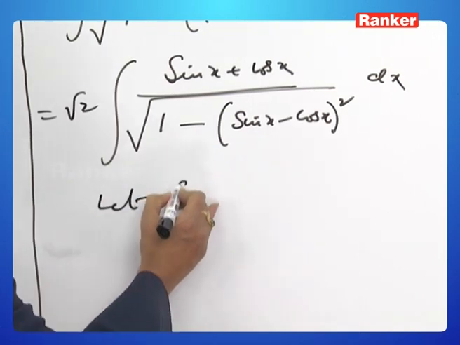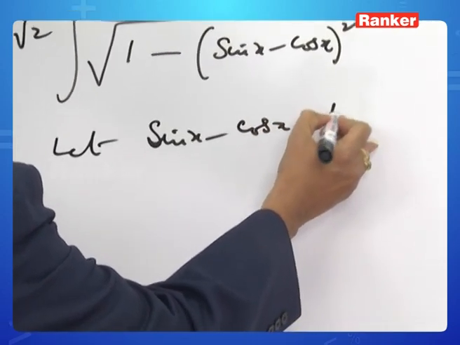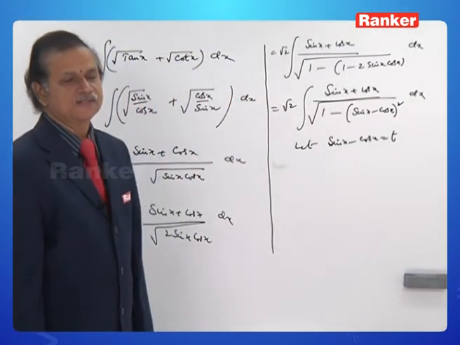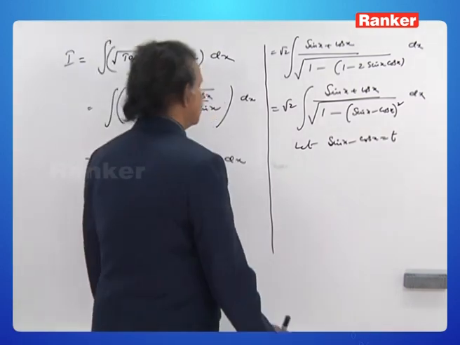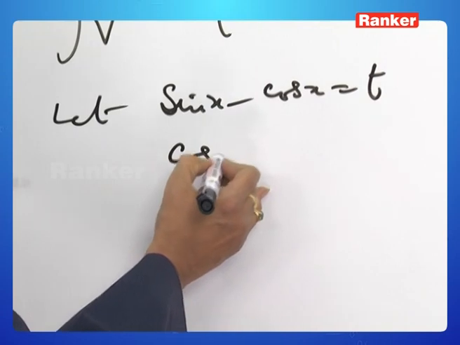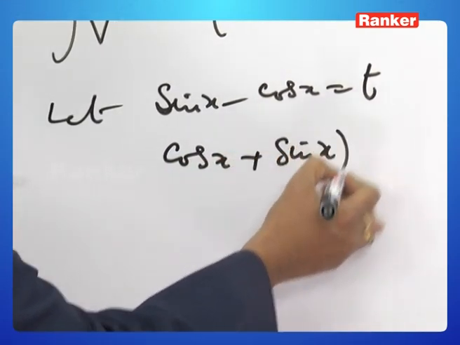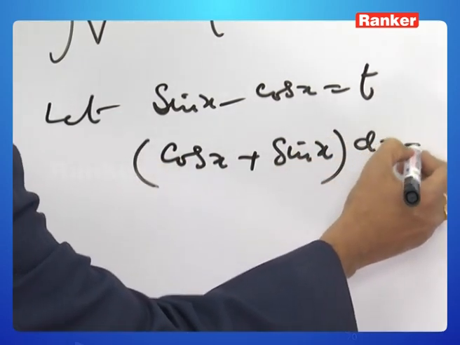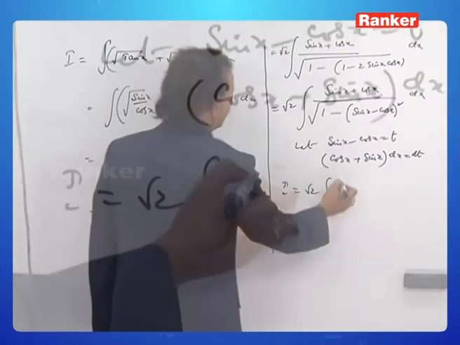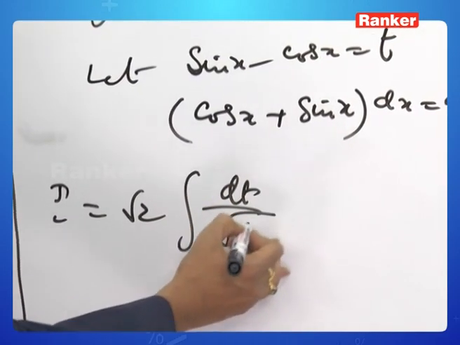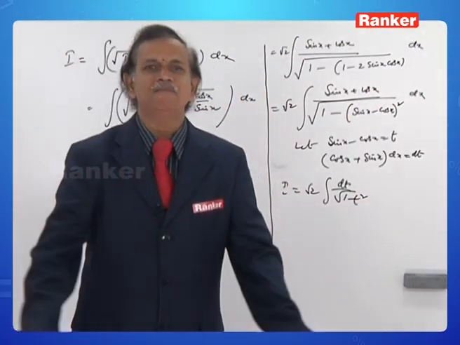Let sin x minus cos x is equal to t. You differentiate it on both the sides. What is the derivative of sin x minus cos x? It is cos x plus sin x dx is equal to dt. Therefore, I is equal to root 2 into dt by root of 1 minus t square, which is one of the most standard formulas.